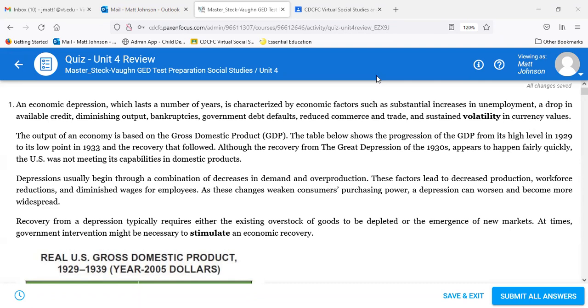As the changes weaken consumers' purchasing power, a depression can worsen and become more widespread. Recovery from a depression typically requires either the existing overstock of goods to be depleted or the emergence of new markets. At times, government intervention might be necessary to stimulate an economic recovery.